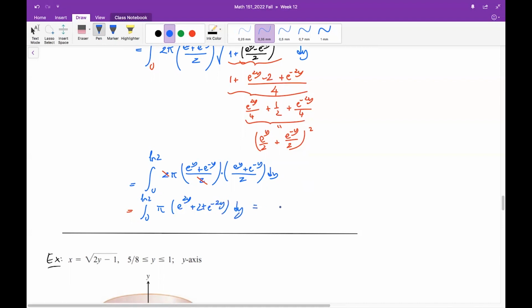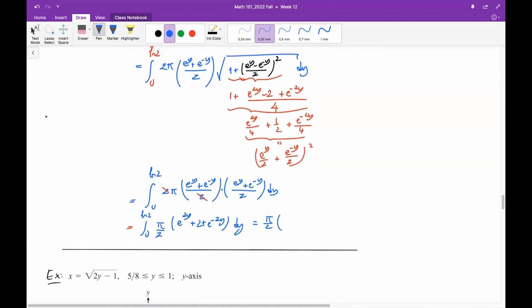Okay, now you are ready to integrate. It is pi, by the way, there is another 2 here, so let's write it here. So pi over 2, how do you integrate e to the power 2y? We can recall the general rule here. It is itself over the coefficient in the power.